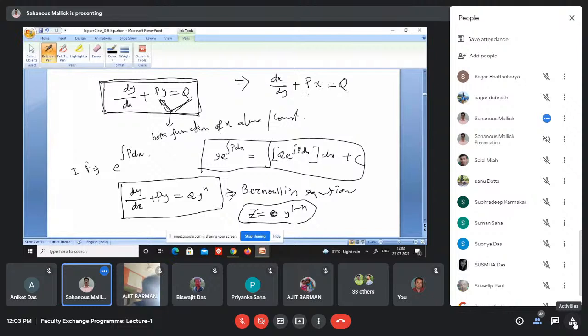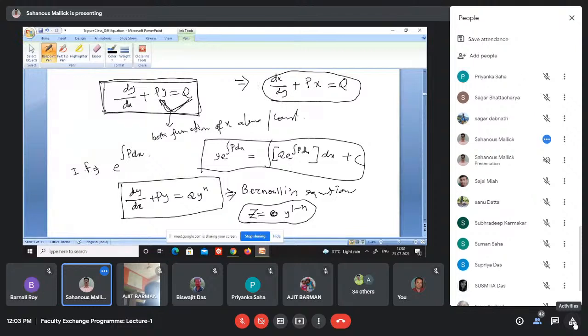Then the roles of p and q will be changed. Here p and q are functions of y only or constant, and this equation is called linear in x, and sometimes it is easier to solve a problem by taking this linear form.